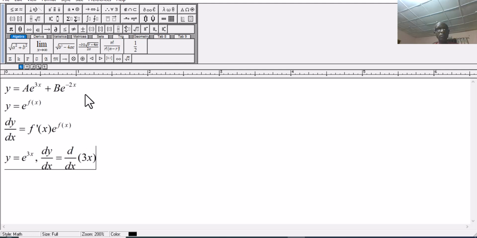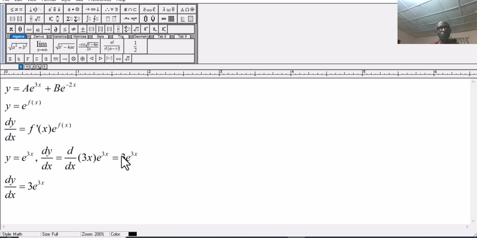The derivative of 3x gives you just 3, then e raised to 3x. So dy/dx is equal to 3e raised to 3x. This is just to refresh our mind about finding the derivative of an exponential form.